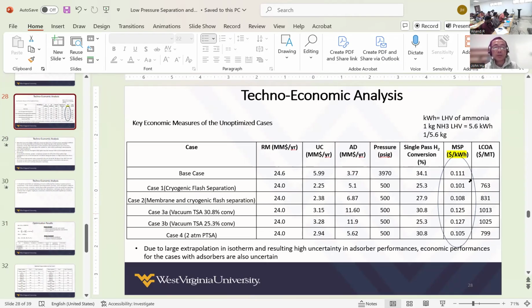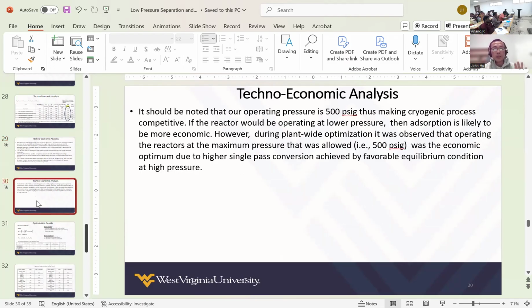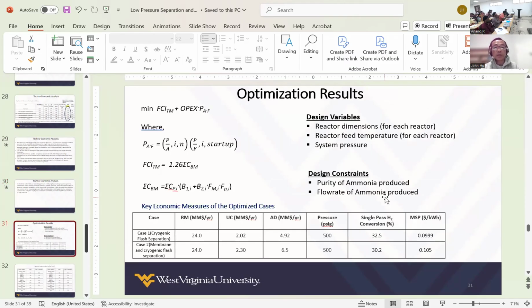So based on the data, we have to sit back and do all the analysis. Can we optimize it? Yes, of course you can, because you have to see where the money is wasted. So you do the TEA analysis and look at whether we can change the pressure or change the downstream separation approach. Overall we want to reduce the MSP. Reducing MSP means we can sell at a very low price and still make money. That's called the optimization result.